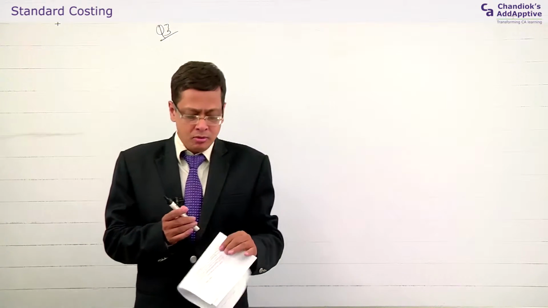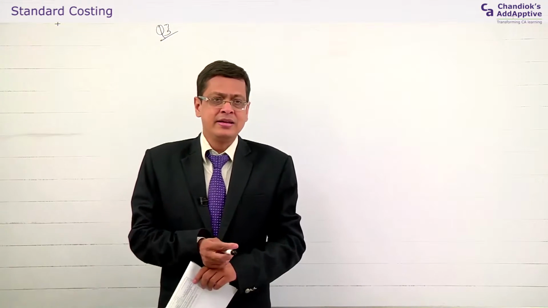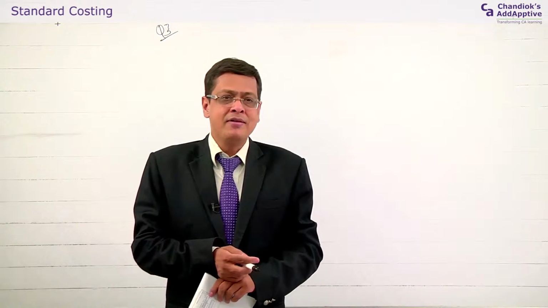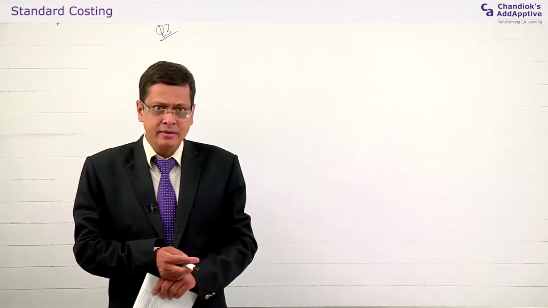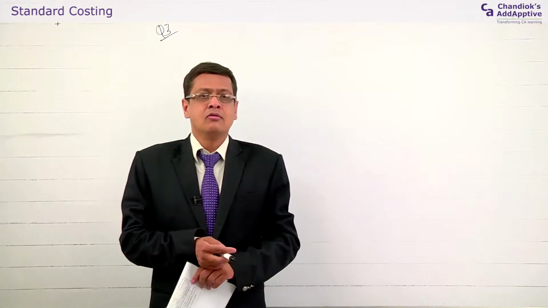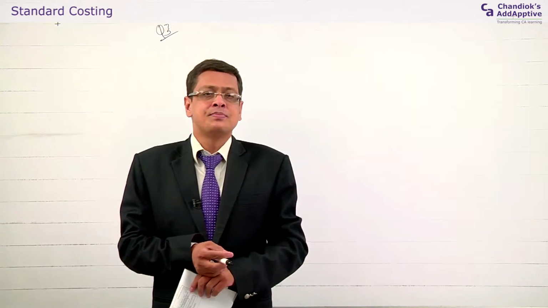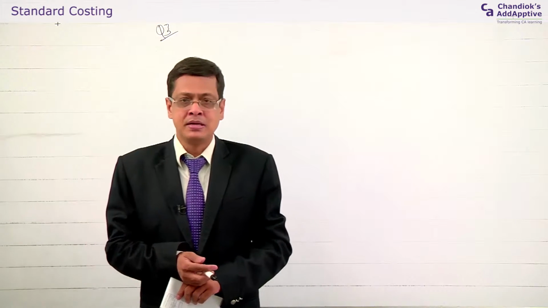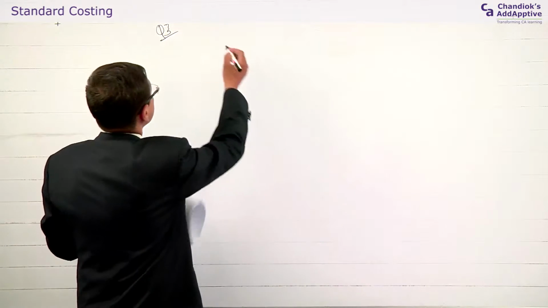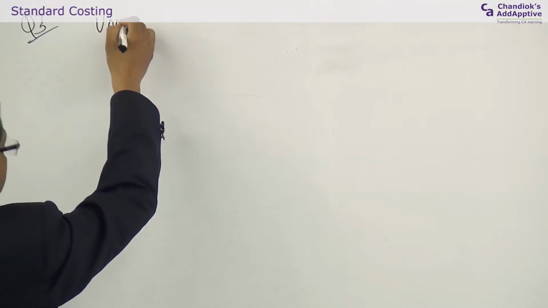So, variable overhead variance can be bifurcated through a diagram into two parts. One is efficiency variance, another is spending variance or expenditure variance. So, let us make the diagram.